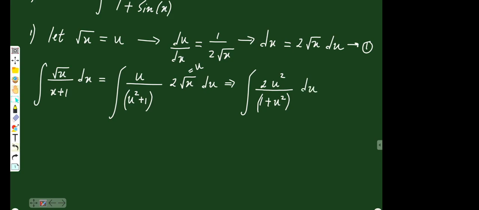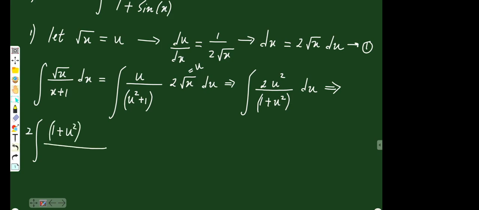Okay, so now what is after? Now integration, I'm going to take 2 out. Then what I'm going to do is make 1 plus u squared. You use this trick, right?